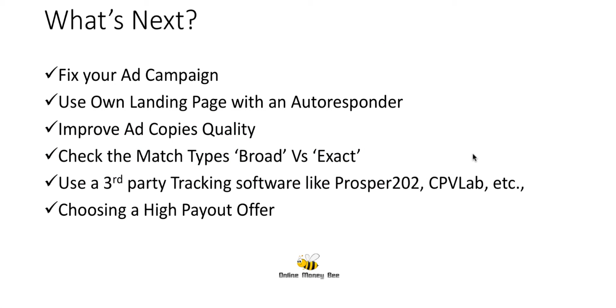So I'm going to fix these things after this video, and you guys can pretty much follow a similar approach for your campaigns. And the other thing is, use of your own landing page with an autoresponder is something that I would say is far more beneficial, but it depends on many things. If you're using ClickBank, there is no approval process required, but if you're using some networks like Peerfly, you basically need to submit your website to them for a review, and they need to approve, and that's when you can actually create your ad.